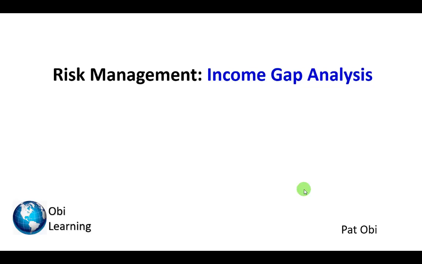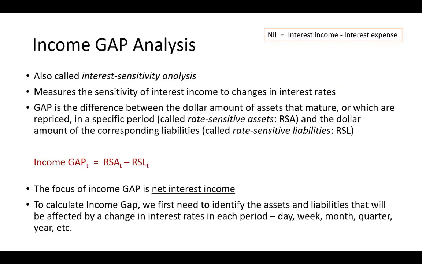Hello, this video on income gap analysis shows how banks are able to measure the impact of interest rate changes on their net interest income. Now, net interest income is the key measure of bank profitability and is calculated as the difference between interest income and interest expense.